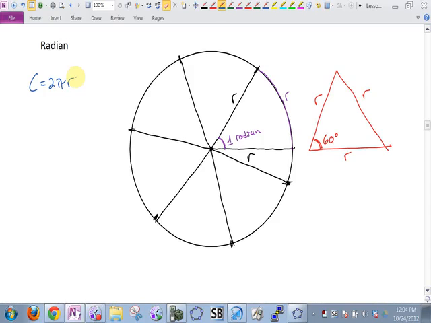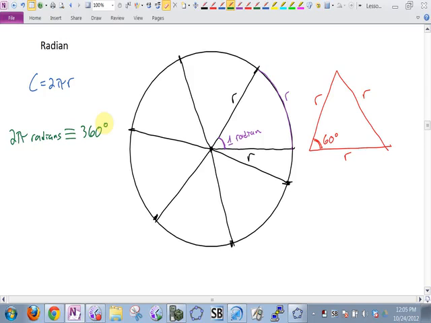So how many radians are there in a full rotation? 2 pi. Exactly 2 pi. So what this means is 2 pi radians is congruent to 360 degrees. Okay? 2 pi radians is the same exact angle measure as 360 degrees.